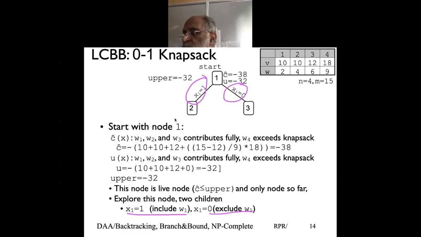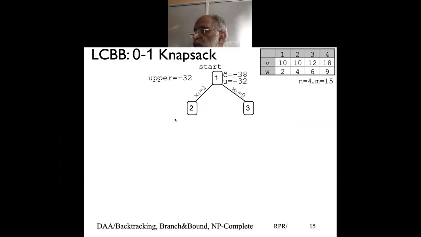And let's look at the value of C hat x for node 2, C hat x for node 3, and similarly Ux for each. We look at both of these and then explore how to go about it. Now look at this, it means this node is included.